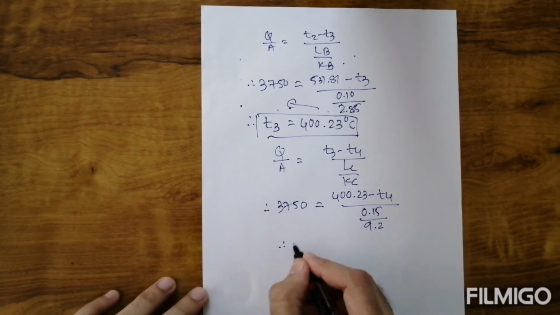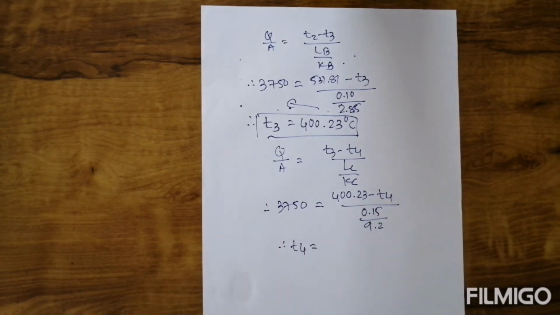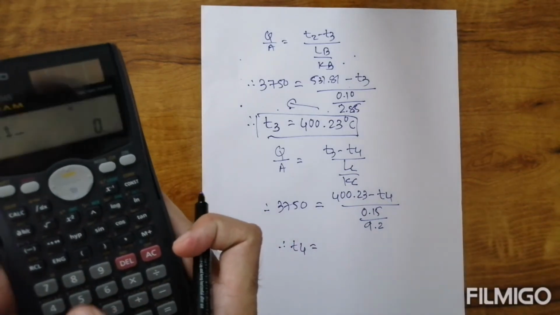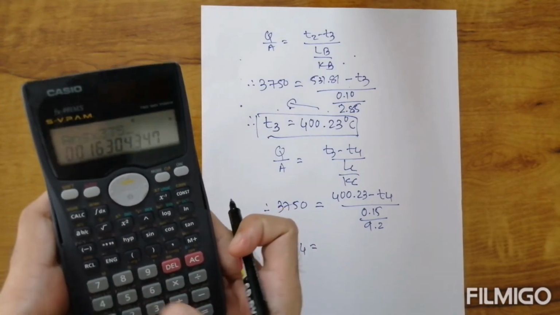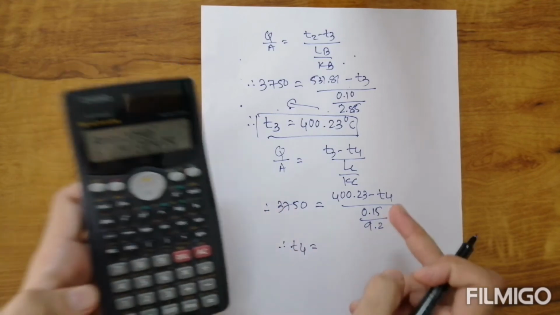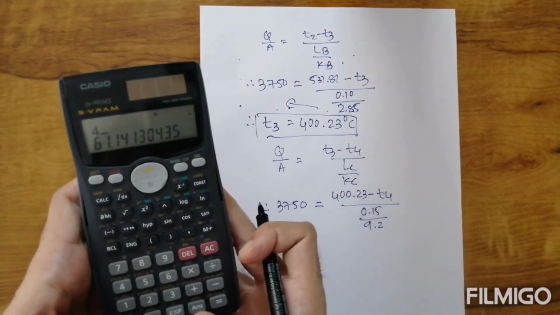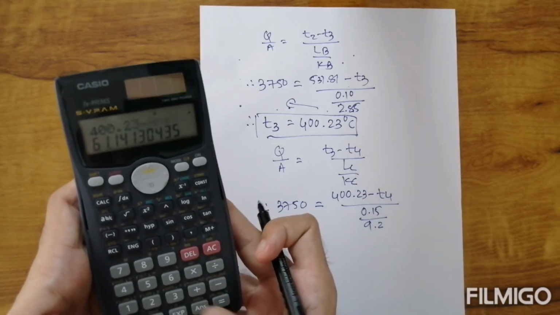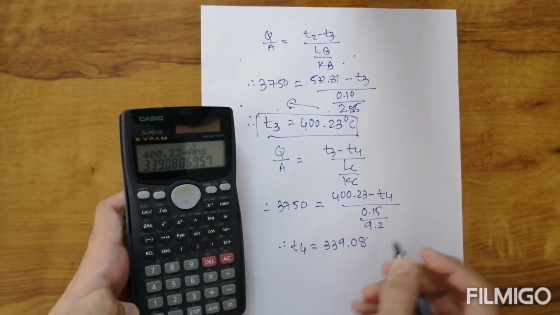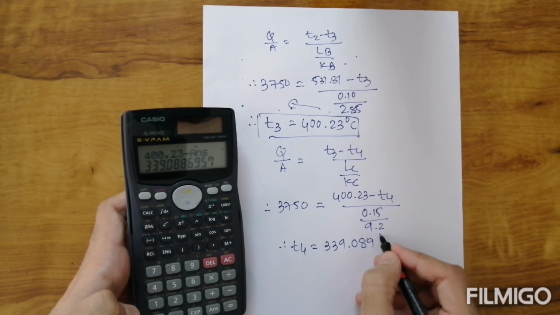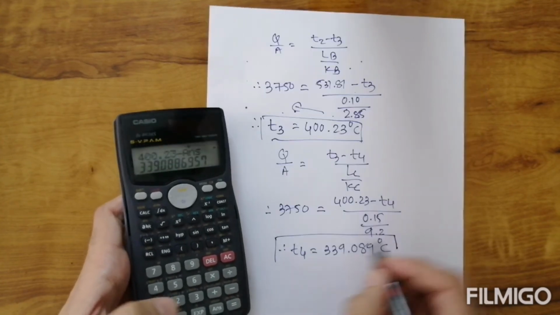So T4 is 0.15 divided by 9.2 multiplied by 3750, and then 400.23 minus the answer. So our T4 is 339.089 degrees Celsius.